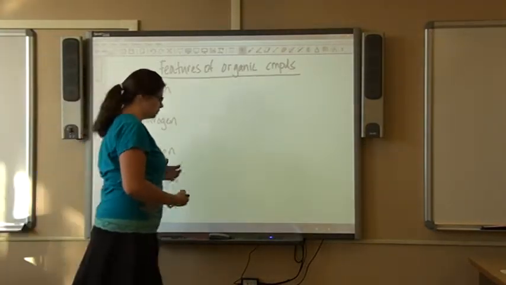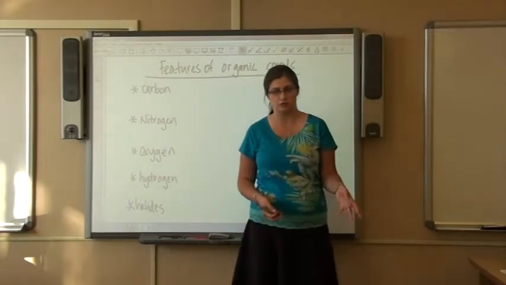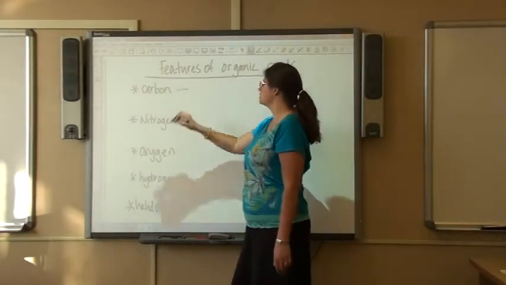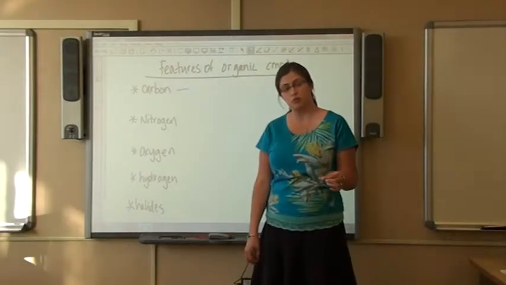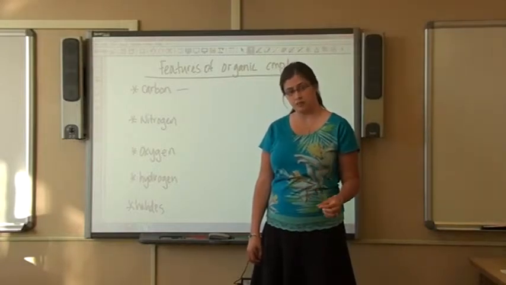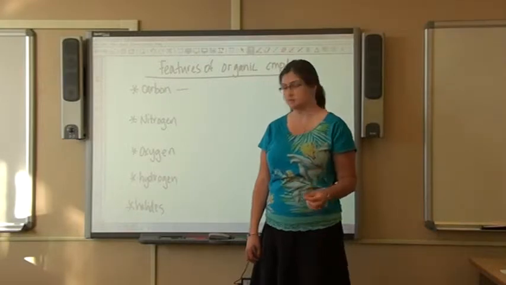Okay, let's talk a little bit more about the features of organic compounds, because this will help you when you're writing your line angle formulas. Okay, so all of these compounds have carbon. And the thing that is really important to know about organic chemistry is that in every single compound, carbon is going to have 4 bonds.